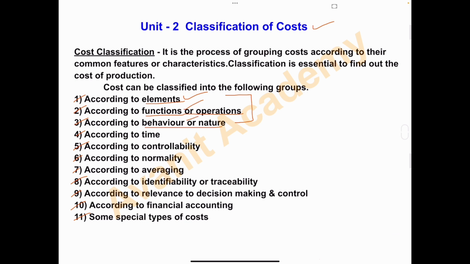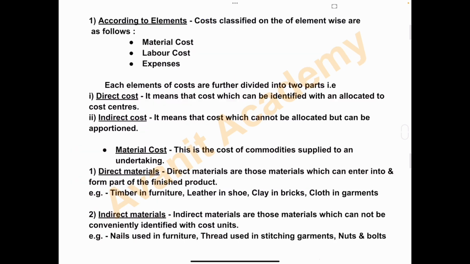I will start with the first one, that is according to elements. Number one, according to elements or element wise cost classification. Element wise costs are again classified into three groups, that is material cost, labor cost, and expenses.